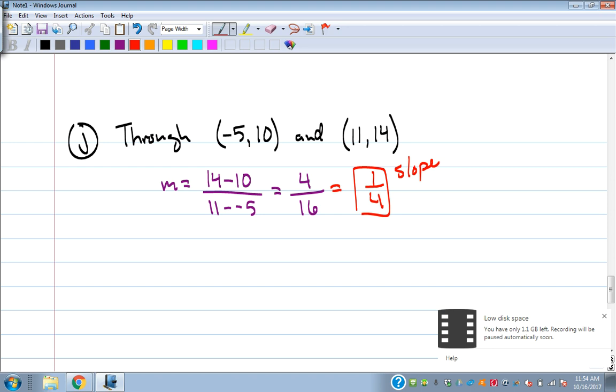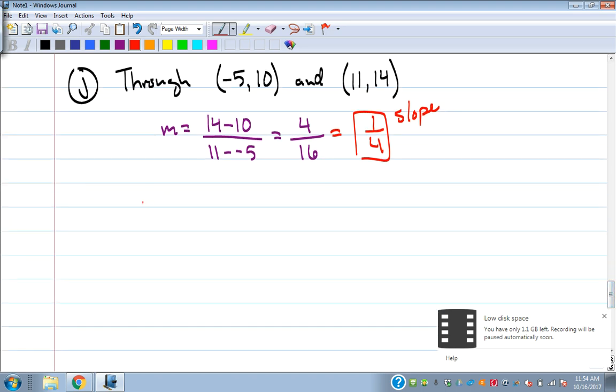Then you pick an ordered pair to use for your equation. Like I said, it doesn't matter which one you pick today. I'm not telling you which one to pick. Just pick one. If I pick the first one, it'd be y minus 10 equals 1/4 x plus 5.